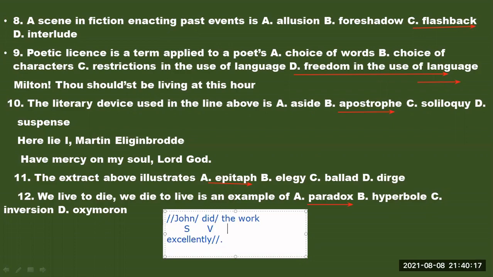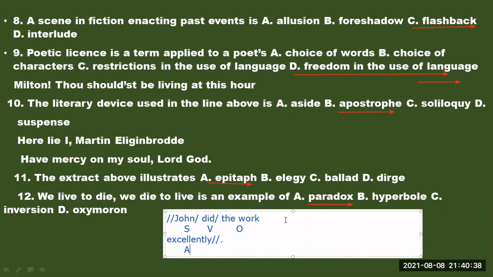The work is the object. And then you look at excellently, which is the adverbial. So you have an SVOA structure. All right. So let's now take this and try to change the word order.